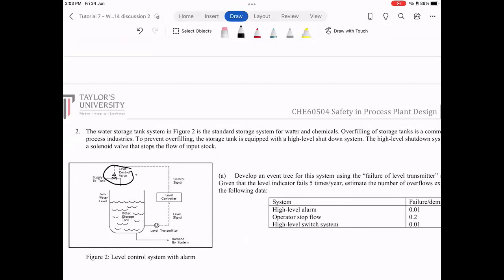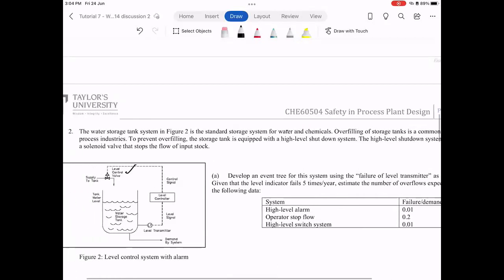Okay, so we have a level controller here, and there is a solenoid valve, which is this one, I believe. So when it starts to go to a very high level, it would just shut down the whole thing. So this is the high level switch system.